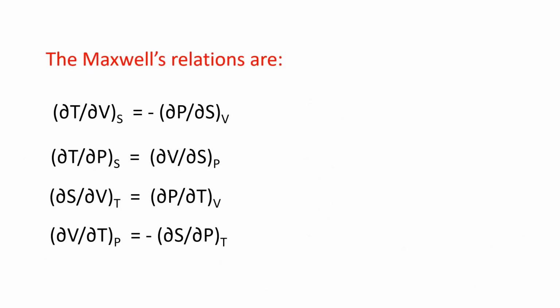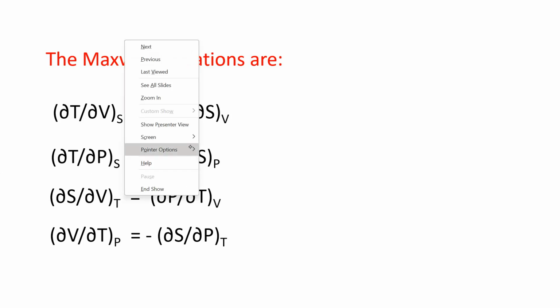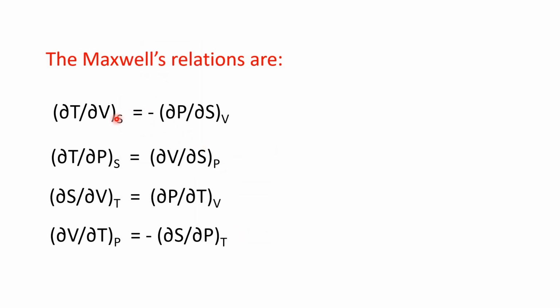So therefore the Maxwell's relations are these. What is the first one? Change of temperature with respect to volume at constant entropy is equal to minus of change of pressure with respect to entropy at constant volume. Second one, change of temperature with respect to pressure at constant entropy is equal to change of volume with respect to entropy at constant pressure.